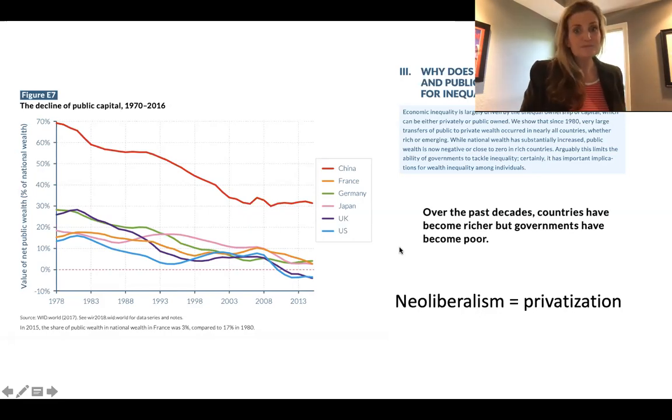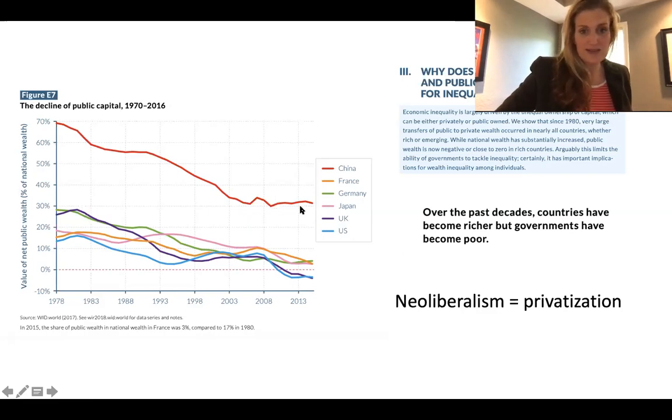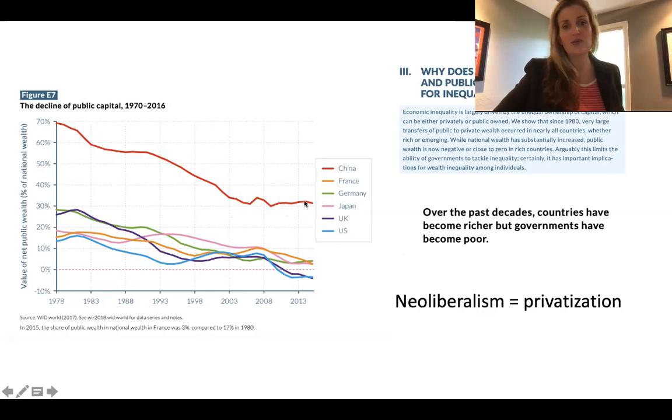So you have to be thinking about these other dynamics as we're telling this story. And what we see here in China, here in the dark red, as China has undergone capitalist reforms, a lot of privatization of state-owned properties and enterprises, but this is a trend that holds across the world.